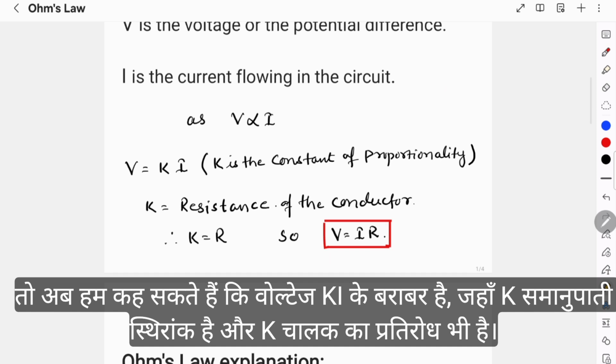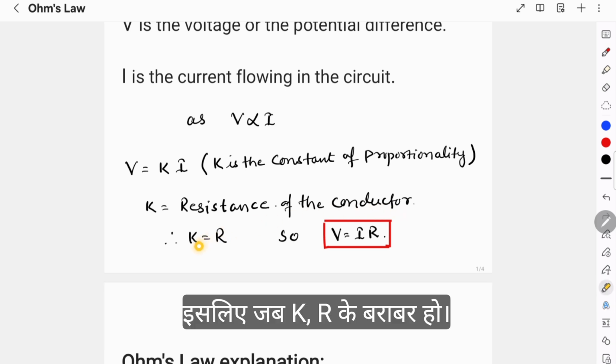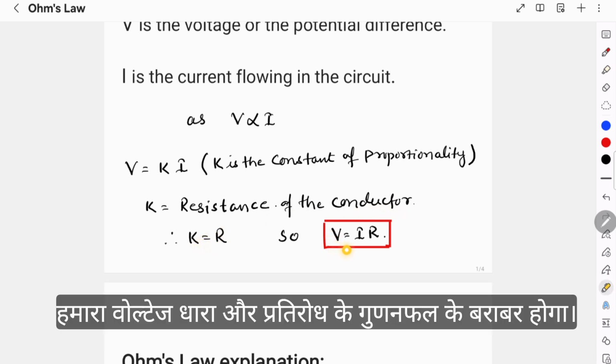So now we can say voltage is equal to K times I, where K is the constant of proportionality and K is the resistance of the conductor also. So when K is equal to R, our voltage will be equal to the product of current and the resistance.